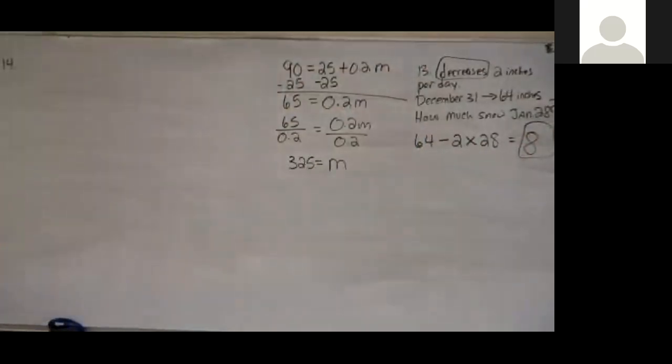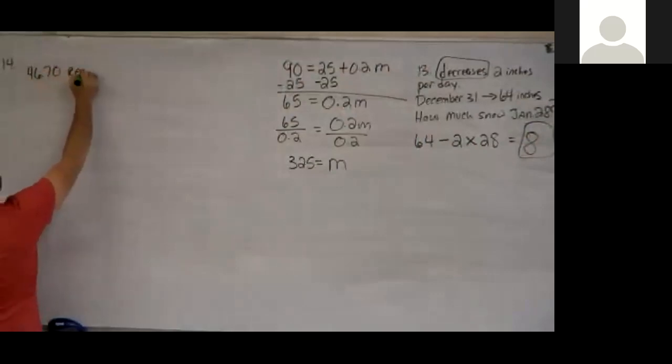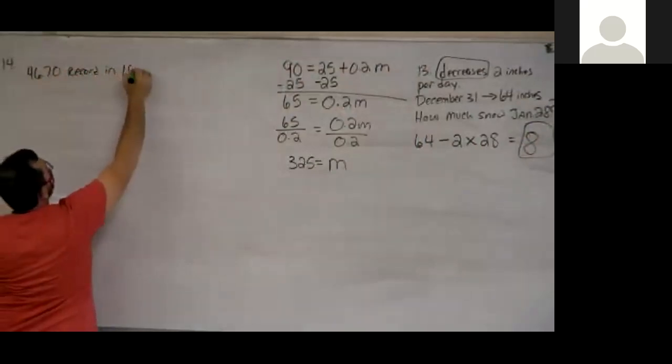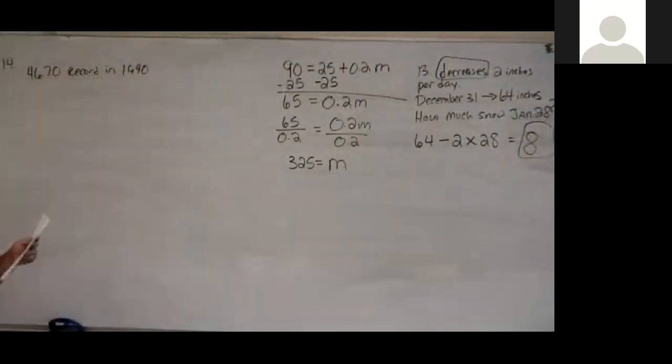All right, so the Normaltown High School pool record for the 100-yard freestyle was 46.70 in 1990. Assume that the record falls at a constant rate of 0.05 seconds a year.